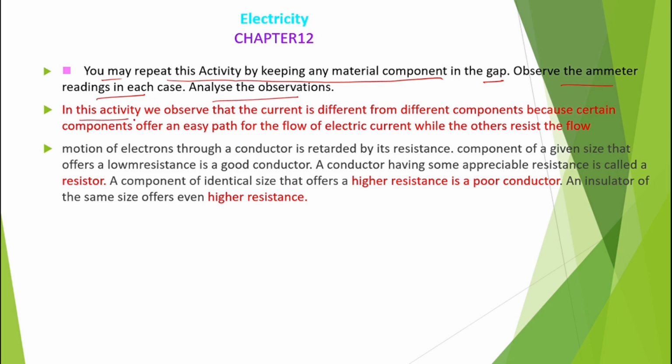So in this activity we observed the current is different for the different components, because certain components offer an easy path for the flow of electric current while the others resist the electrons from flowing. So motion of electrons through a conductor is retarded by its resistance.